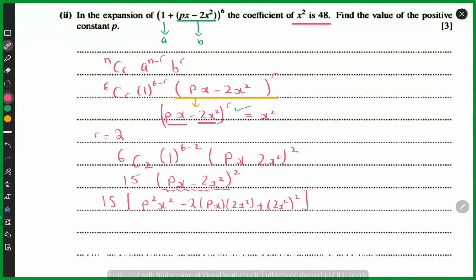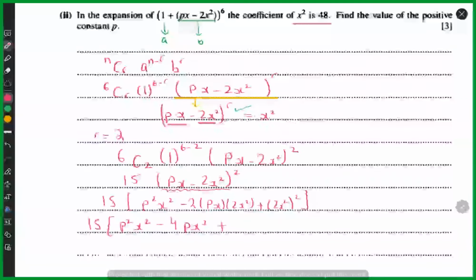First term would be squared, then we would have minus 2 into this term and that term, plus the square of the last term. So this is 15 times p squared x squared minus 4p x cubed plus 4 x squared.